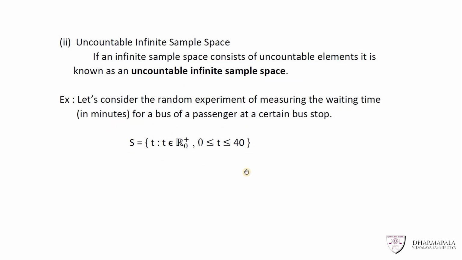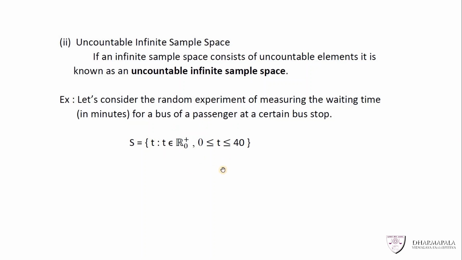So we have used the set builder method. T is the variable for time. T is a real positive value but can be 0 also. So the interval will be from 0 to 40. We have taken the assumption here that the maximum time the passenger has to wait until the bus arrives is 40 minutes.